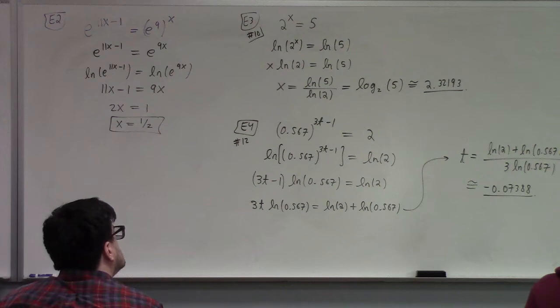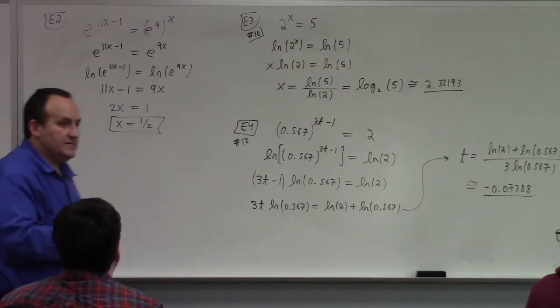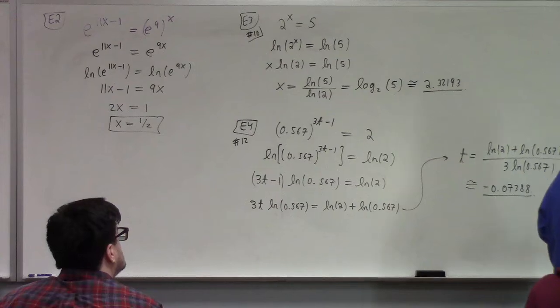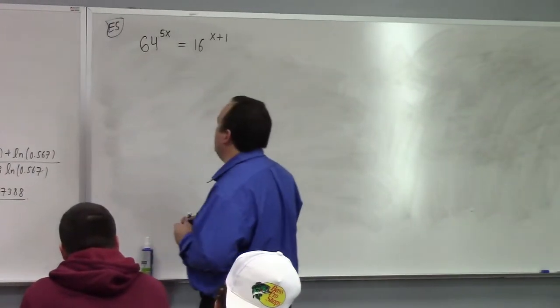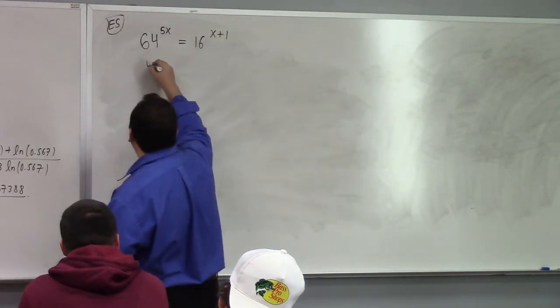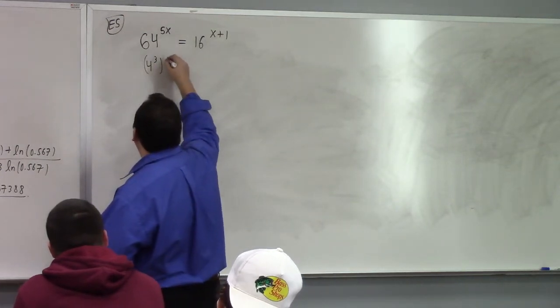So do you guys have any ideas? I mean, the lazy way to do any of these problems is just to take the natural log of both sides. If we want to think more, we could go, well, these are both powers of 4, right? This is 4 cubed to the 5x.